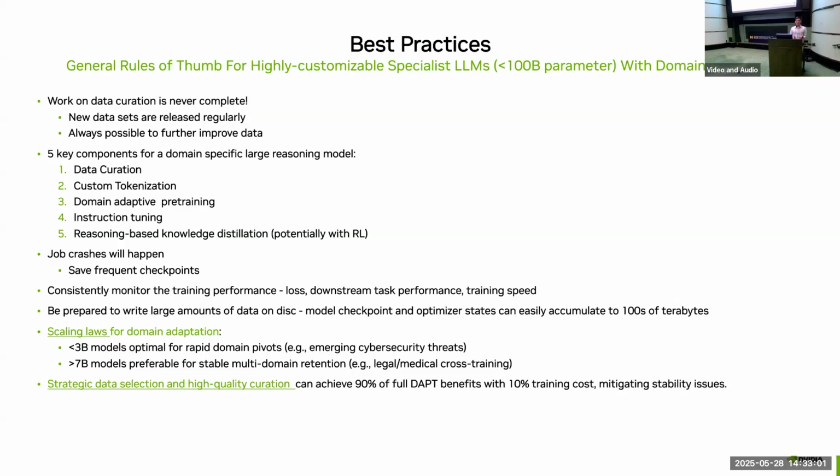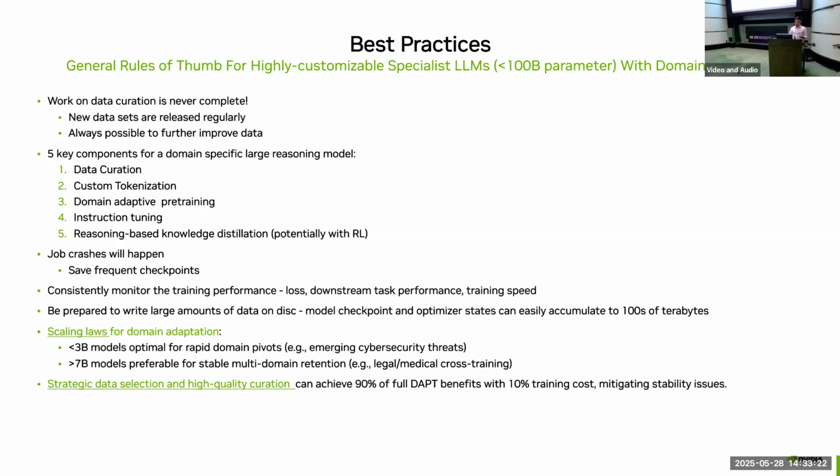Some very practical things. Job crashes will definitely happen, so save frequent checkpoints. But if you are saving frequent checkpoints, just know that if you haven't done that before, they take up a lot of space. And so, you could run through hundreds of terabytes of data.